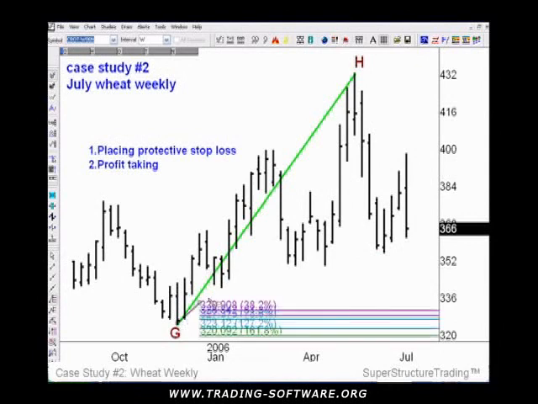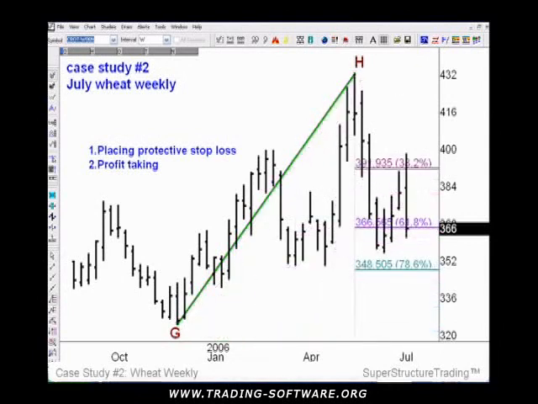So let's apply Fibonacci from G up to H. A super conservative place to take profits would be around the 38% level. This one can be expected to go down to the 61% level. That's where I suggest you take profits. But notice how it did not reach the 78%.